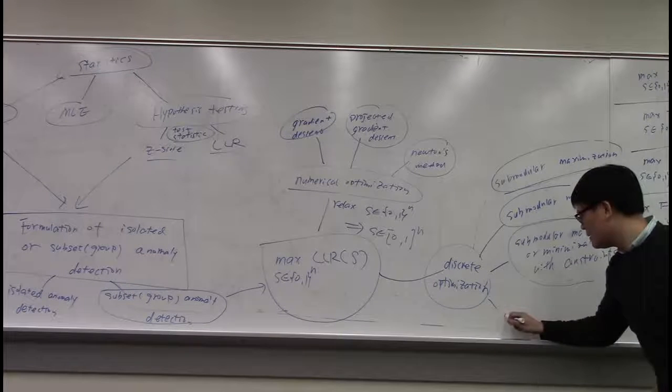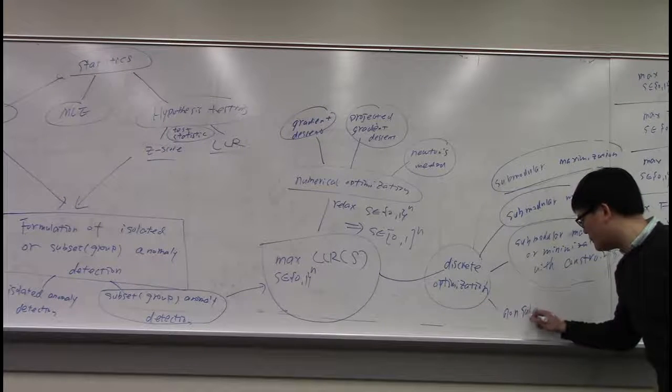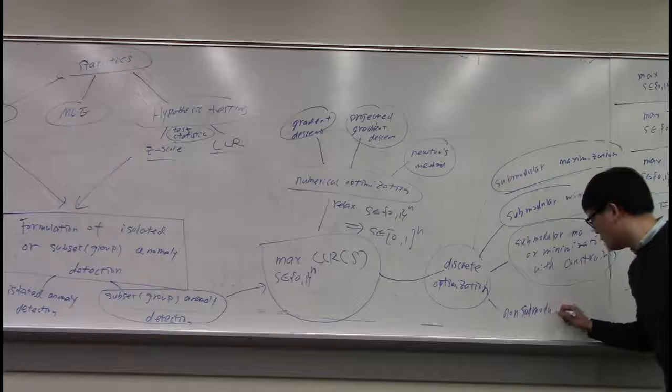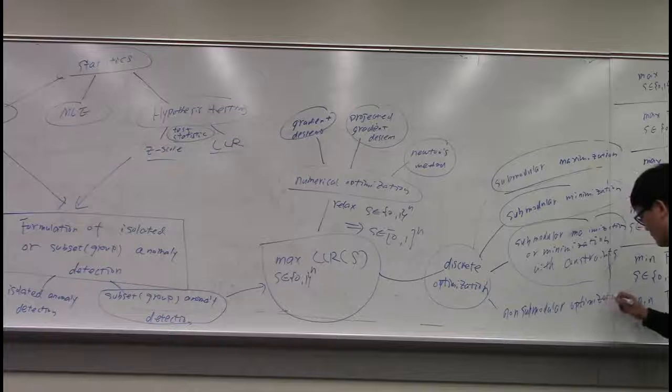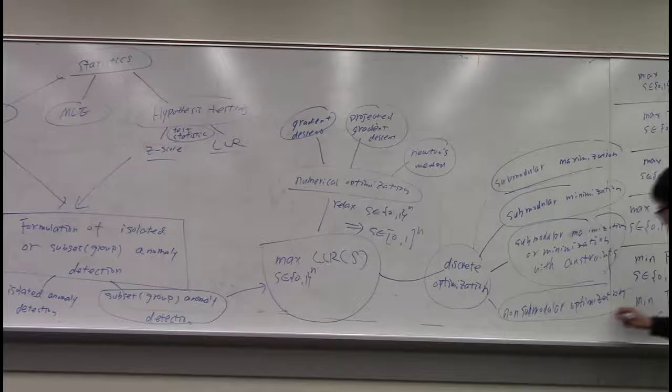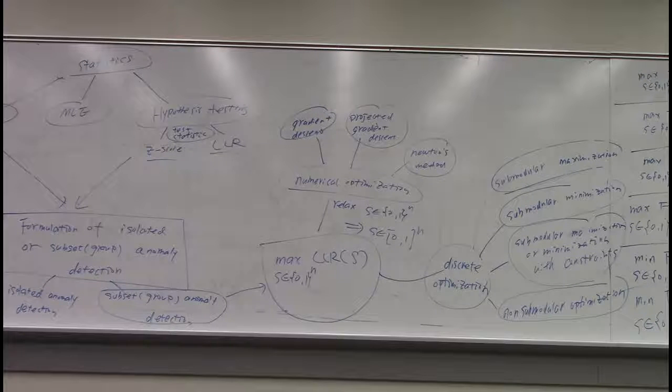And then non-submodular optimization. Basically, if your function is non-submodular, which means it is neither submodular nor supermodular, then you can represent it as a difference between two submodular functions. So I will share the papers.